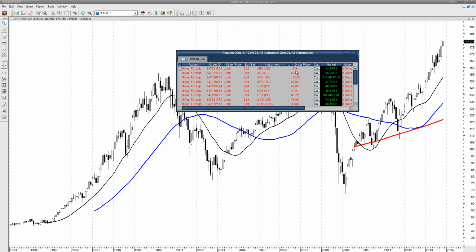AS Corporation 15.44, AFL 68.81, ATK 120.90, Popular 29.09, CBT 49.87, Amdocs 41.01, DST Systems 88.72, MCO Moody's 76.09, Nasdaq OMX Group 38.80. Those are my own short sell limit orders.